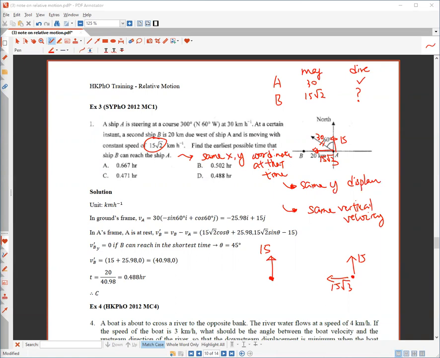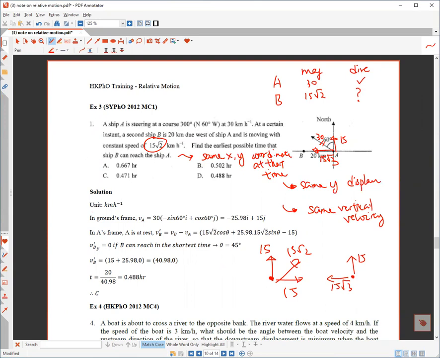You get the answer. Yeah, the answer is 15. Because for an isosceles right-angled triangle, the sides are 1, 1, and square root 2. So here the hypotenuse is 15 square root 2, which means the other side should be 15.